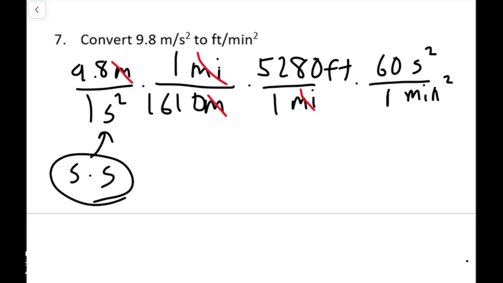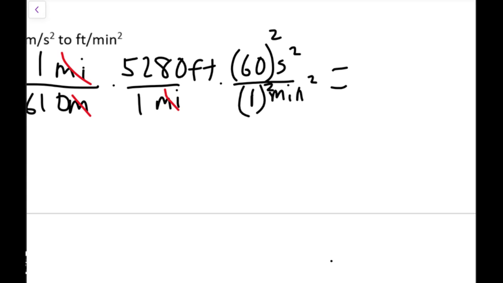So there are 60 squared seconds in 1 minute squared. So you have this double where we're doing this twice. There's actually 2 factors of 60 there. And so when I multiply this through, I do 9.8 times 1 times 5,280, and then I multiply by 60 twice.